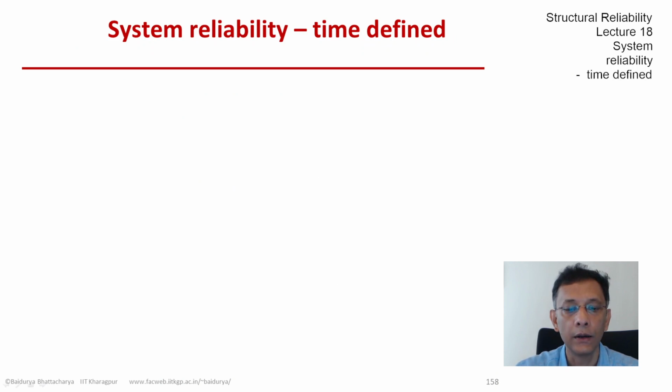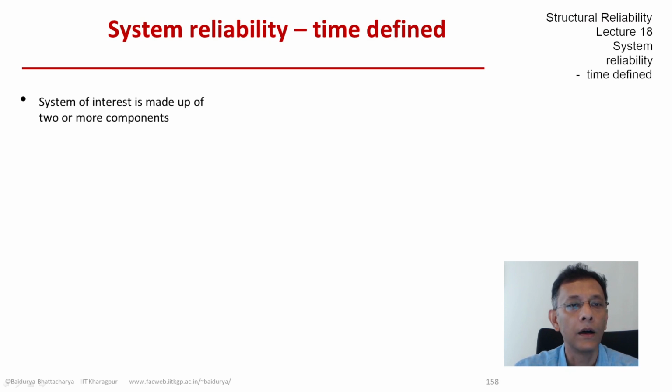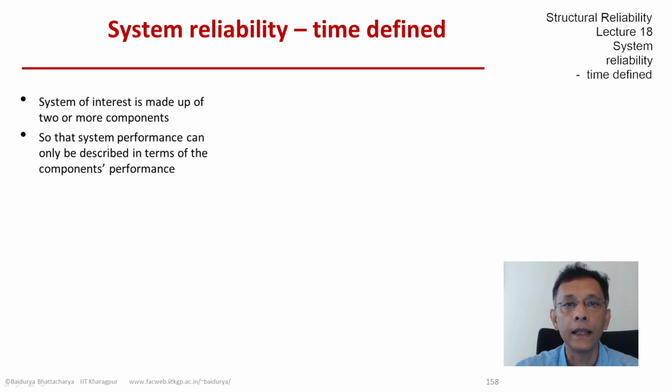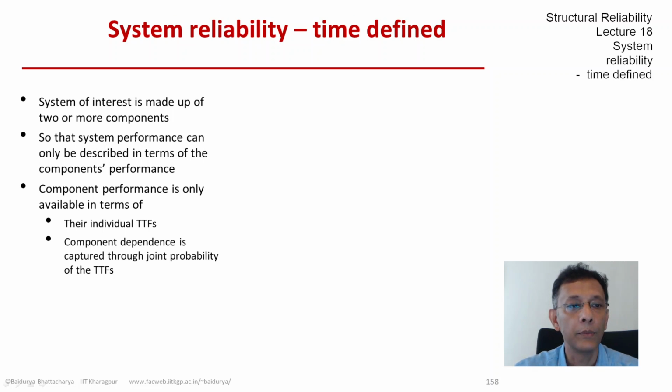To recap, our system is made up of two or more components, and the system can be described only in terms of these components. I have information of component performance in terms of the individual times to failure, and if there is dependence, it's captured through the joint distribution of these times to failure. So this is what we plan to do today in terms of topics.